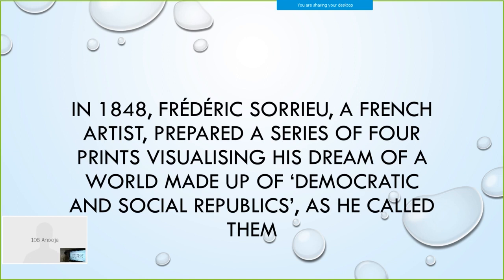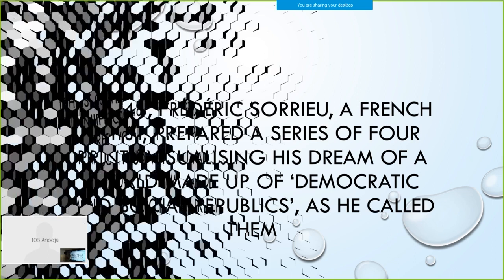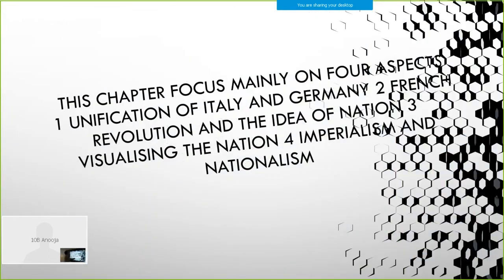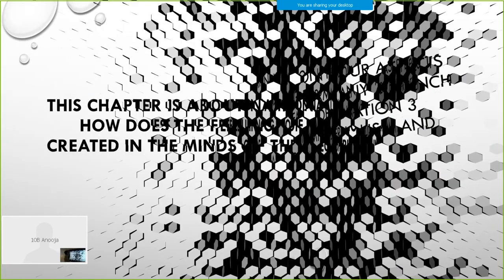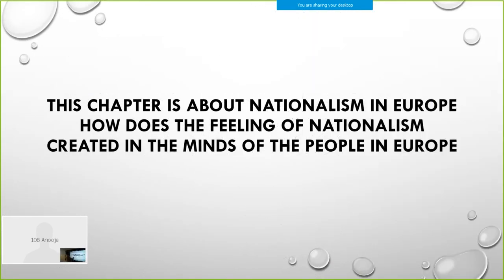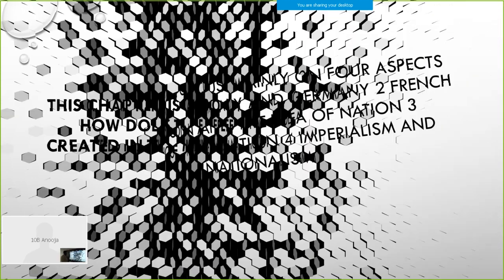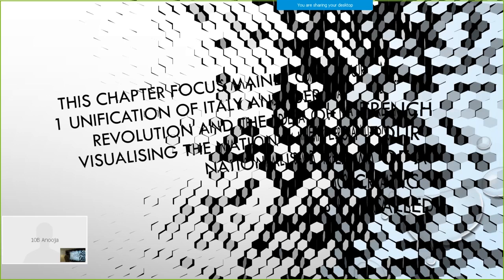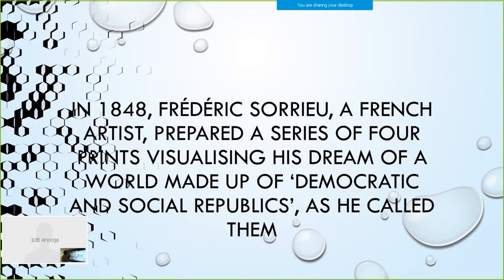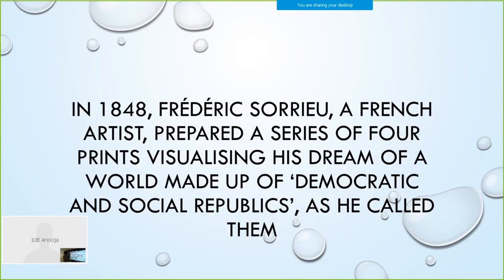So in 1848, Frederic Sorrieu visualizes the world as democratic social republics.